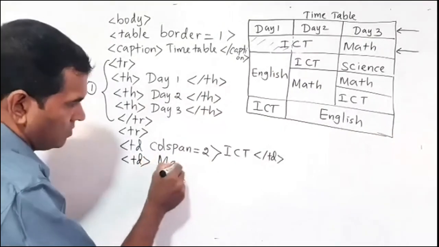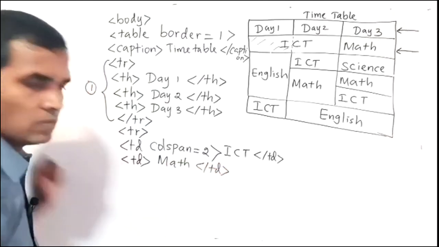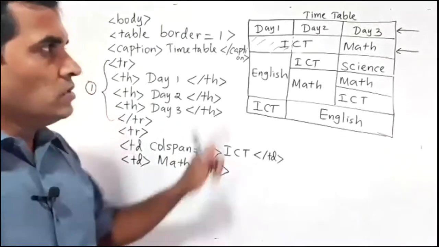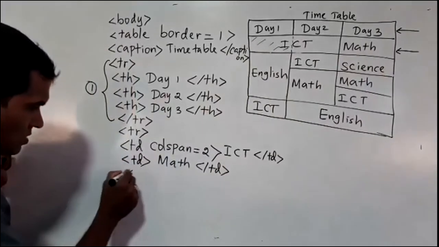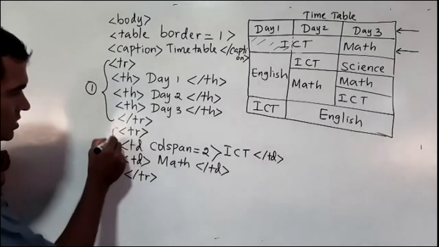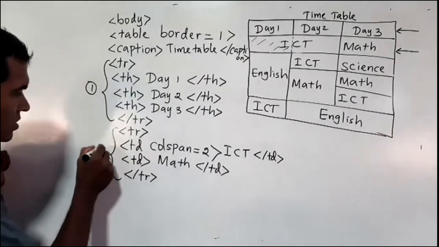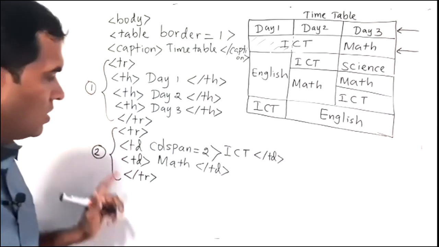So it is math. Close the TD. Okay, so now the second row is also over. So close that TR. This set of coding is for the second row.